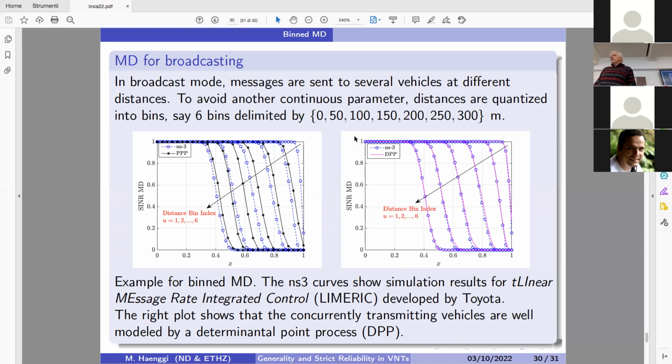In terms of space-time, if we want to be sure to get a message across, then things become temporally correlated also, because if we don't succeed, we have to keep trying, and then we are more likely to be active.